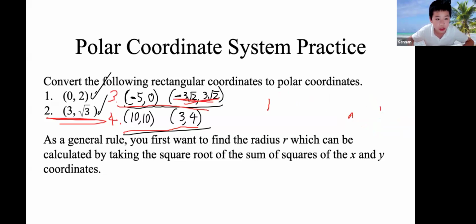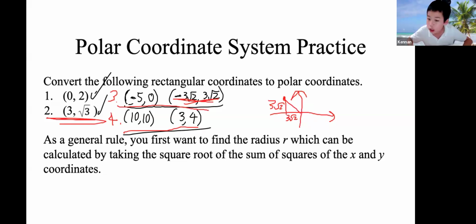I'll erase this. If you graph it out, it's literally just this point over here. So this is 3 root 2, and this is 3 root 2. It's a 45.